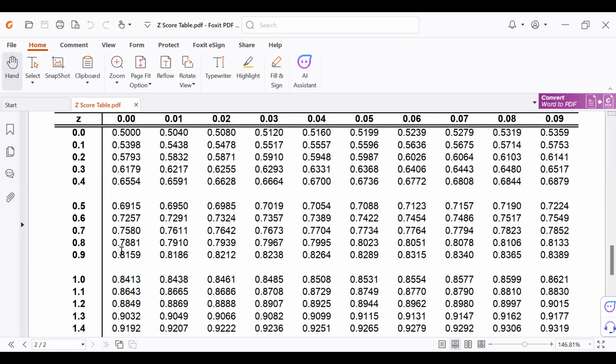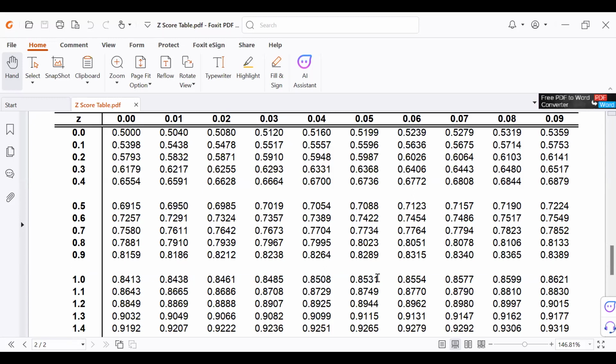Supposing when we worked, we got 1.5. What will happen is that we will come to where 1 is here, and then we count to the left where 0.5 is, and then come down to the level where 1 is.